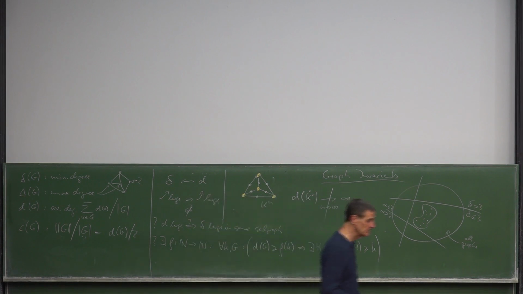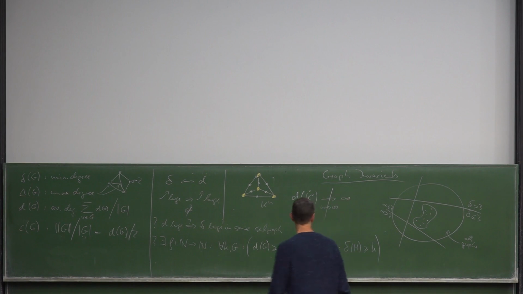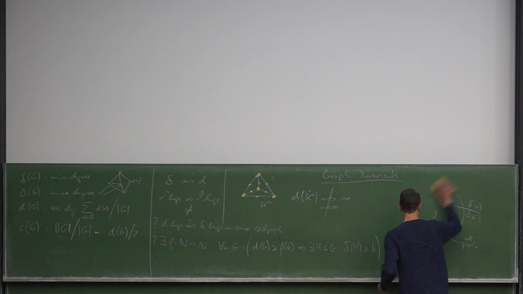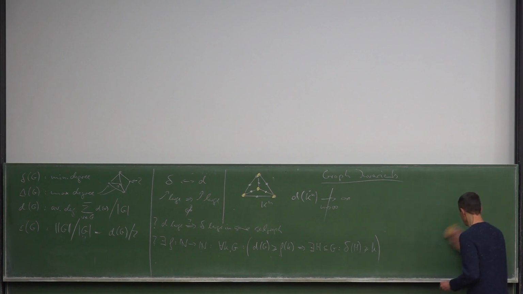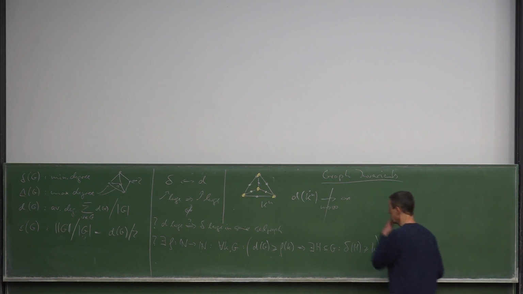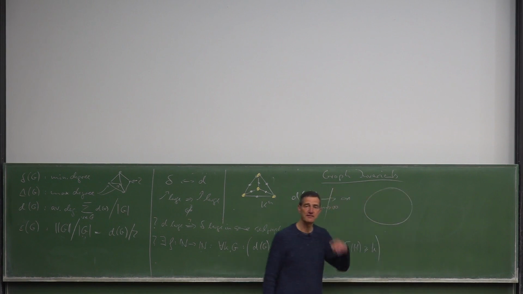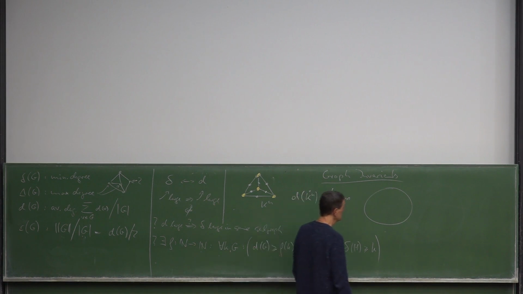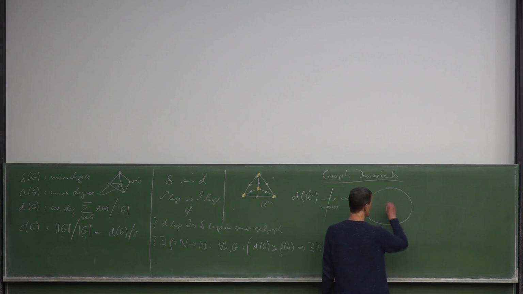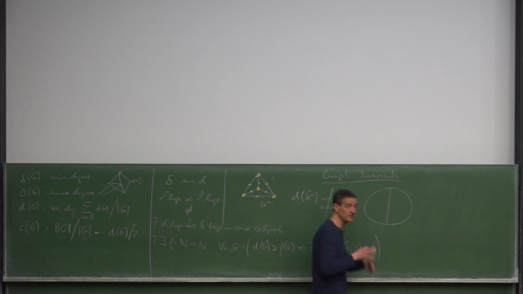Okay, so once more the question is, intuitively, when we have a large average degree, it can only be large if there are lots of vertices of high degree or a few of extremely high degree.